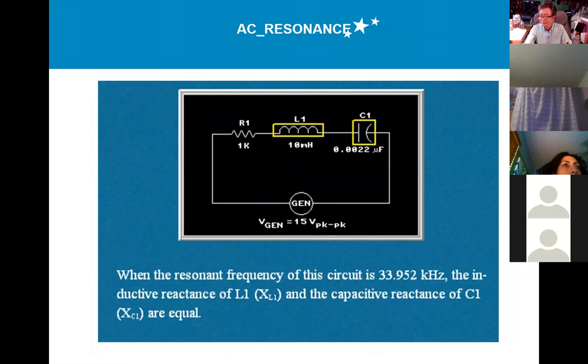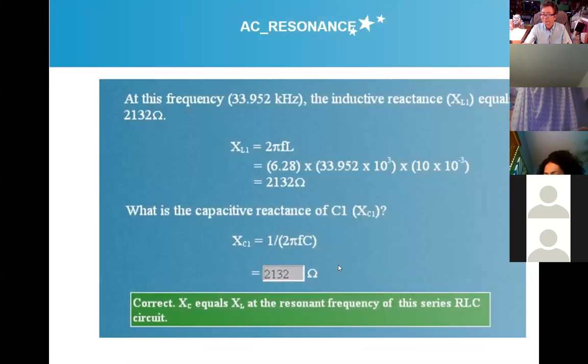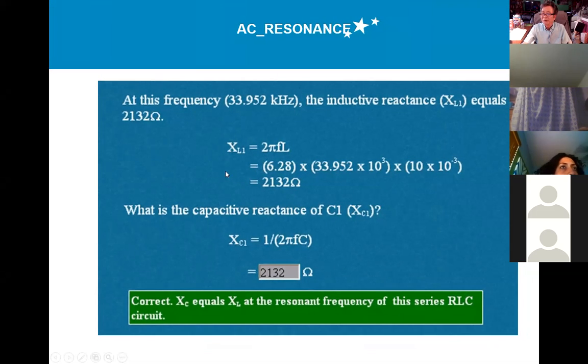When the resonant frequency of this circuit is 33.9, the inductive reactance XL1 and capacitive reactance XC1 are equal. We already know that. Now you can do your calculation here.